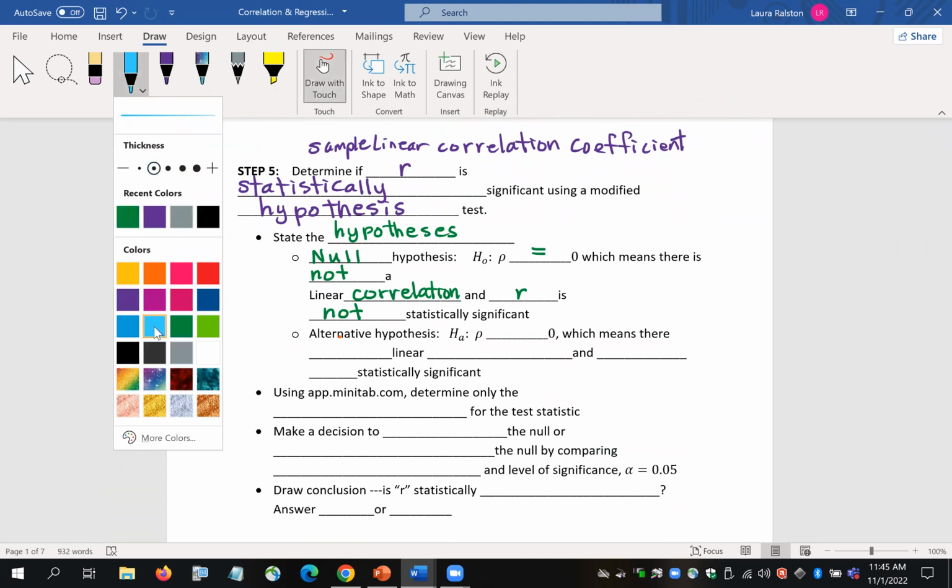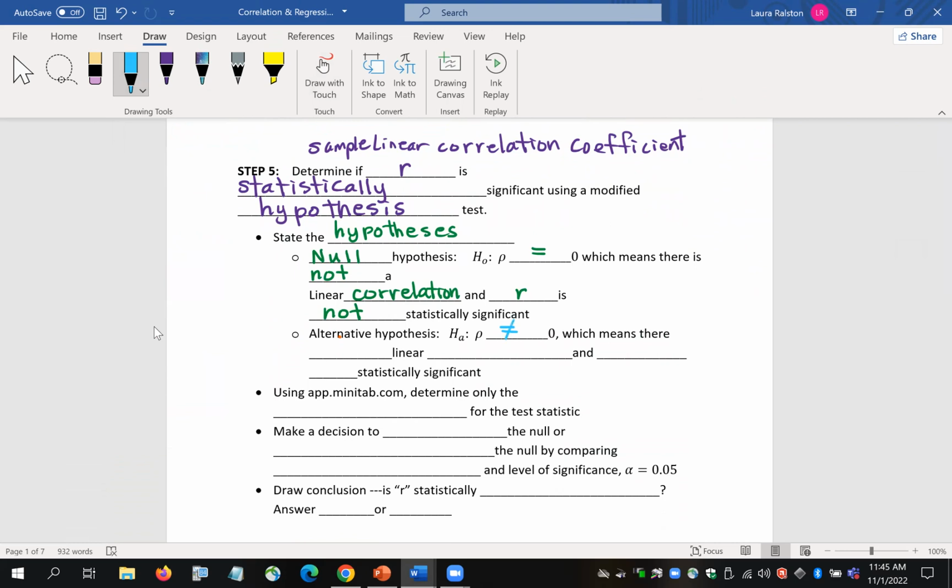The alternative hypothesis is that rho does not equal 0, which means there is a linear relationship or a linear correlation. Let's use correlation to be consistent. There is a linear correlation and R is statistically significant.